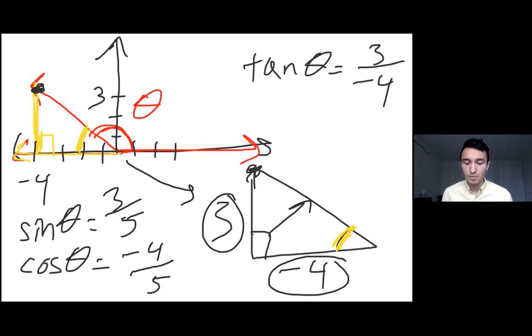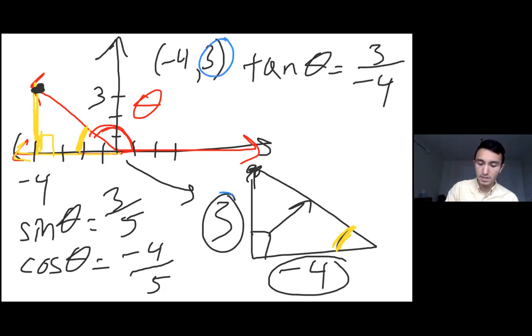That's that. So basically, what just happened is we took this point here where we ended up drawing the triangle from, which was -4, 3 in the XY coordinate plane. The Y value is 3, which becomes your opposite side, which we use for sine and tangent.